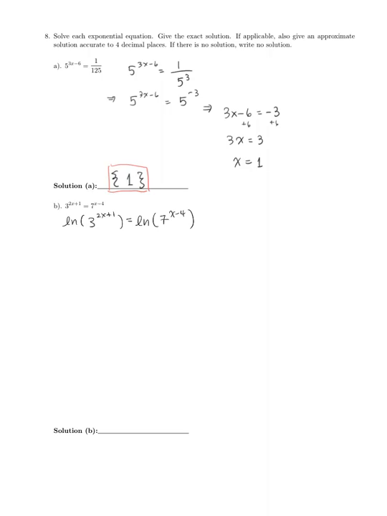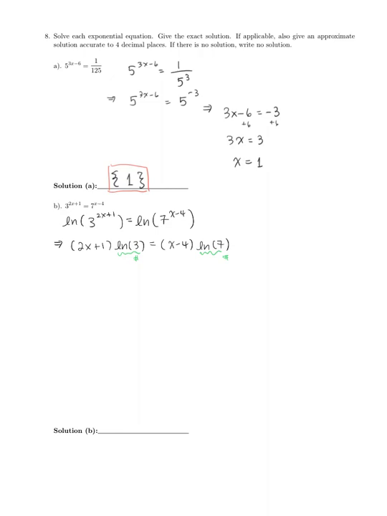Then I'll apply the property of natural log, meaning the exponent goes out in front of ln. Keep in mind that ln of 3 and ln of 7 are just numerical values, so treat them as numbers.